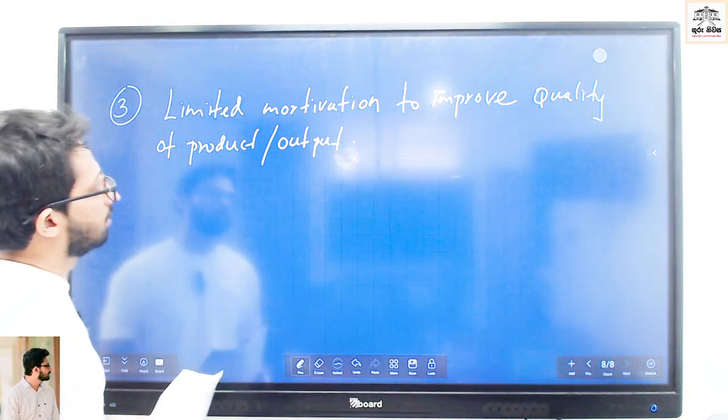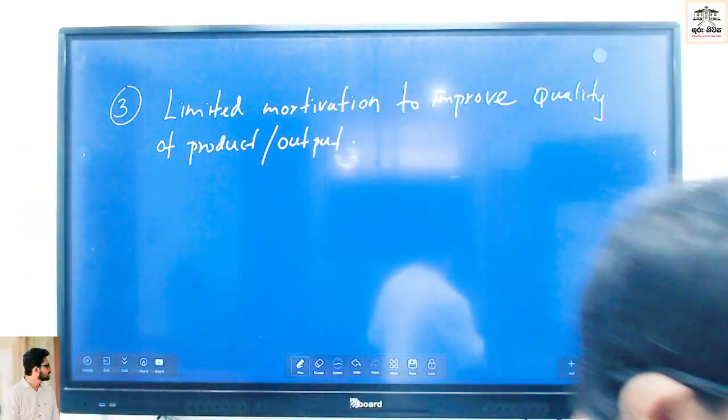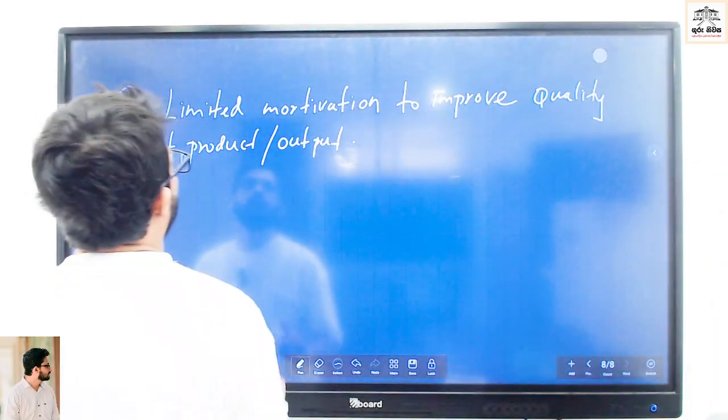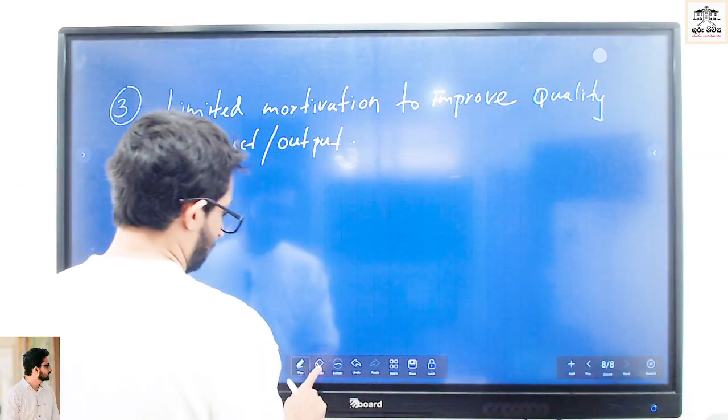So, limited motivation to improve quality of the product. If there is huge competition, they have to upgrade the product, otherwise the consumers will jump to other products, right?